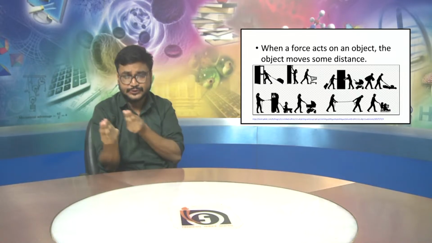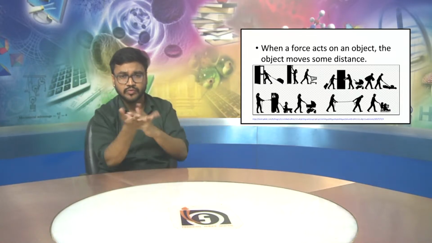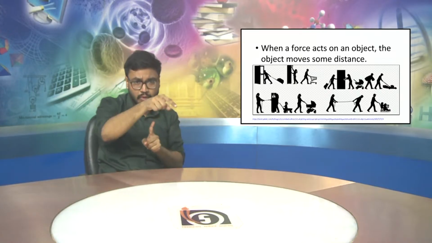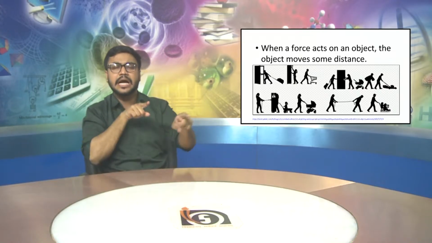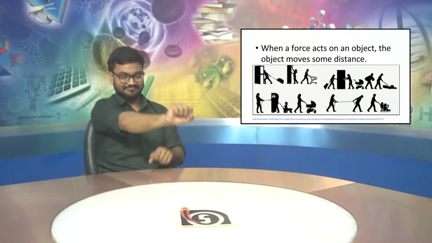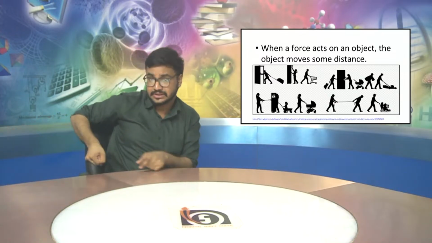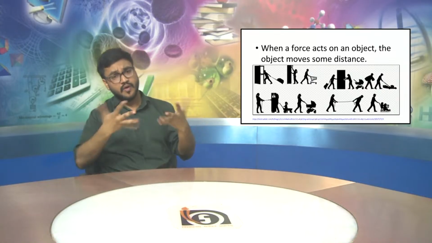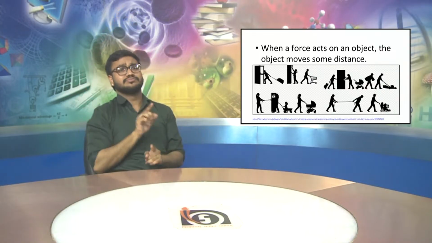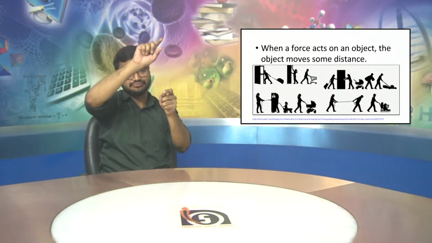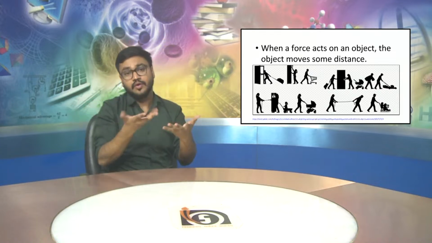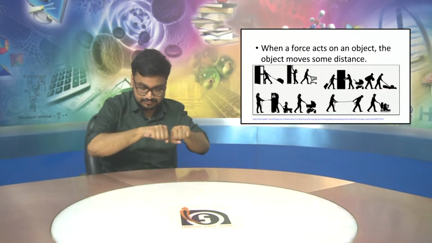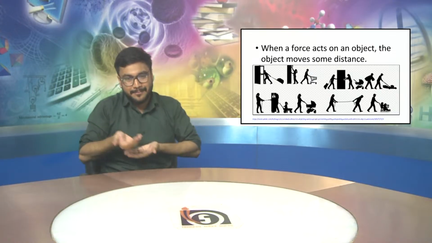When a force acts on an object, the object moves some distance, whether it is forward, backward, etc. For example, pulling a trolley bag, opening a gate, or pushing a trolley.